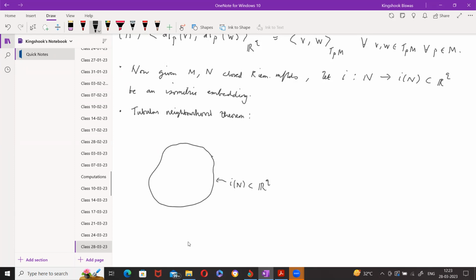Okay. So now at each point, I have the tangent space, which is a subspace of RQ. So if I take a point, say Q here, right?